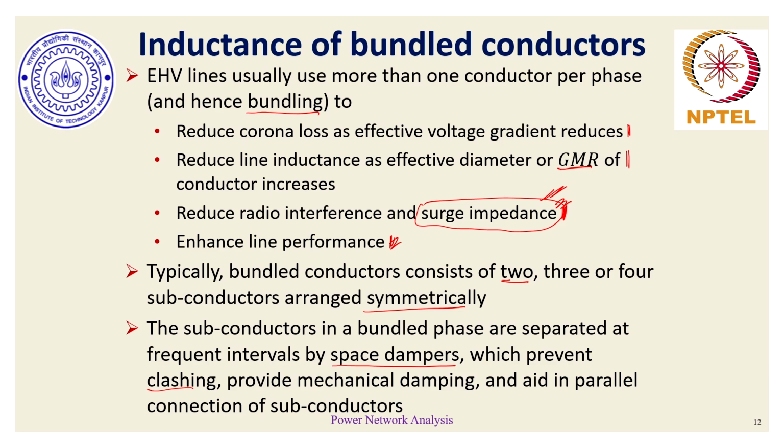So basically, if I were to draw the diagram of a space damper, if you have seen a four-bundle transmission tower, one bundle consisting of four conductors in an overhead transmission line, then if this is my space damper, which is usually an insulated device, the composite conductors are placed at the tips of this space damper, and it attaches these four composite conductors while also avoiding physical contact between them. It provides mechanical damping in case of bad weather.